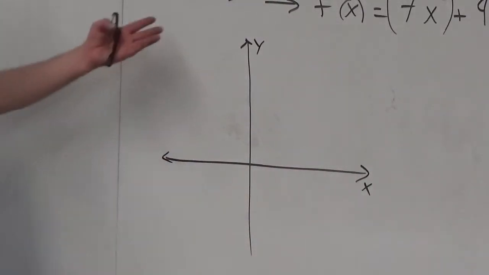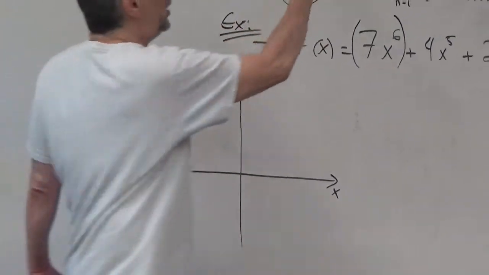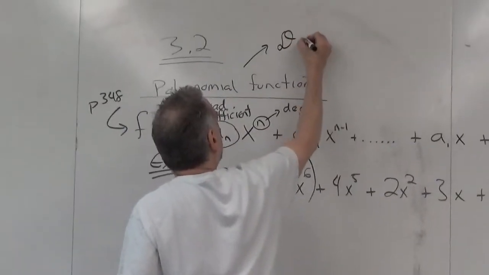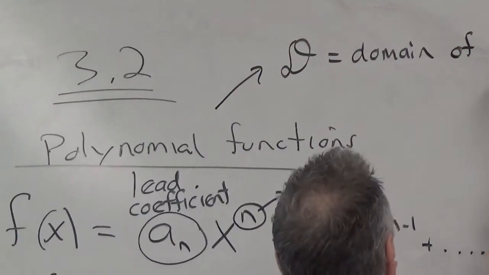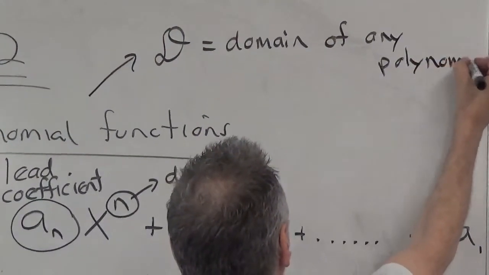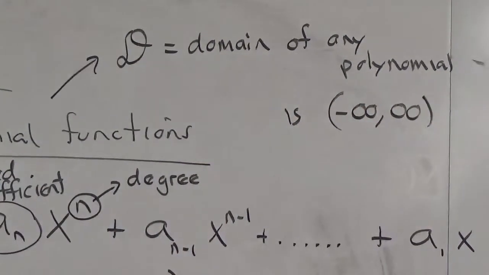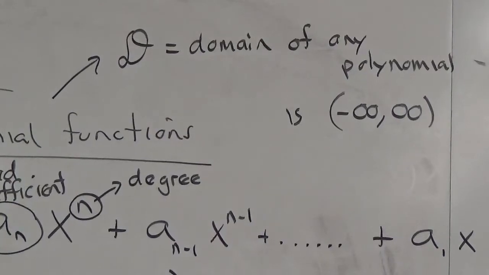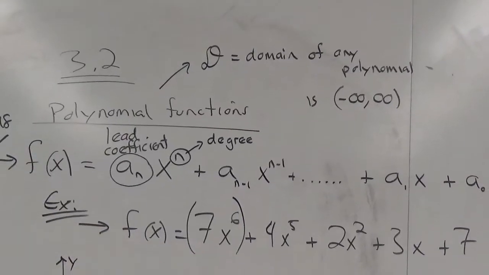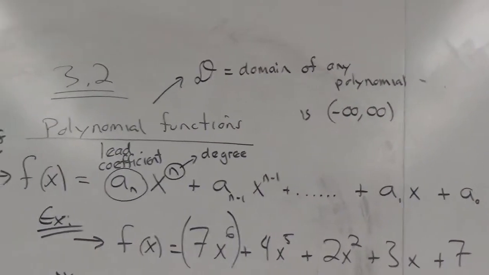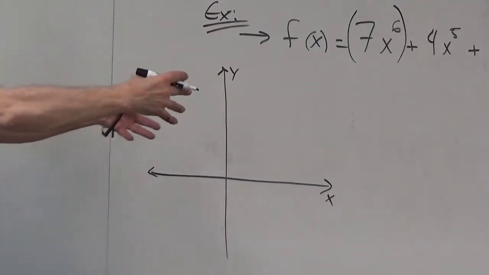The domain of any polynomial is always all real numbers, everything from negative infinity to infinity. So it's either going to go up toward positive infinity as it goes out, or down. That's the first thing we're going to look at, and the same thing over here: is it going up or down? Then we're going to find the x-intercepts, the y-intercepts, and connect the two ends together.